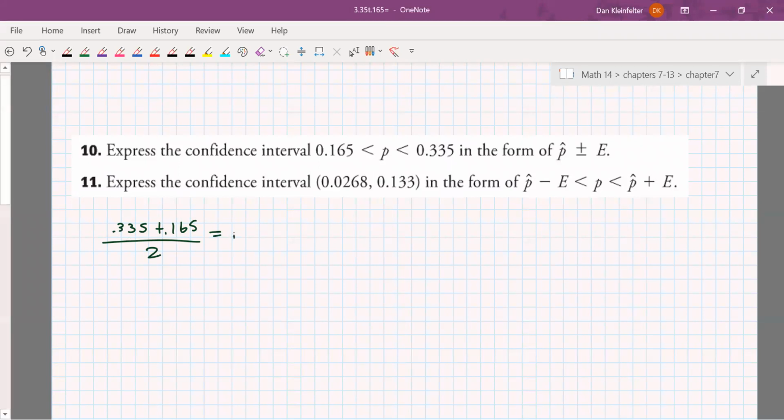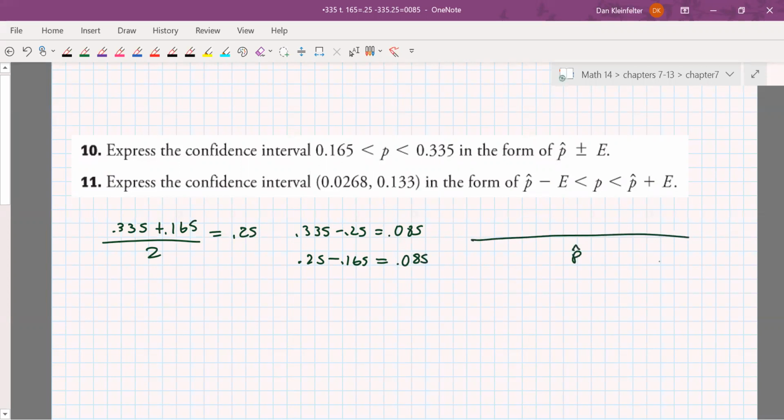It looks like 0.25. So then let's subtract 0.335 minus 0.25. That's 0.085. And 0.25 minus 0.165 is also 0.085. That shouldn't be too surprising. What we ended up with was P hat in the middle.